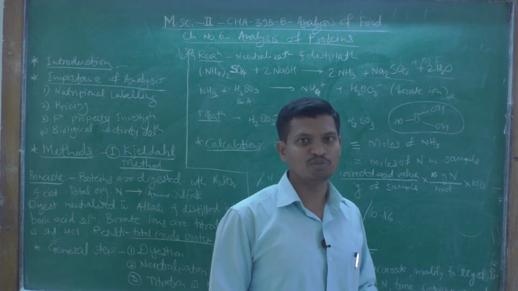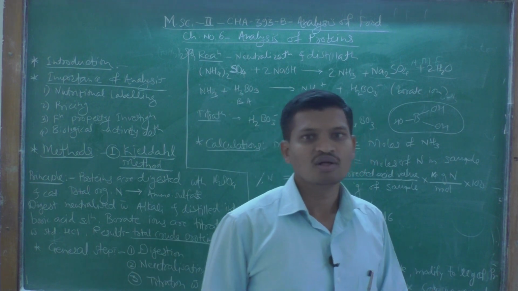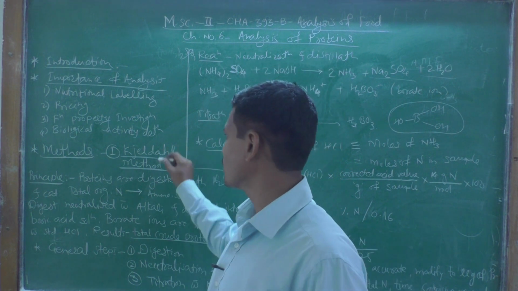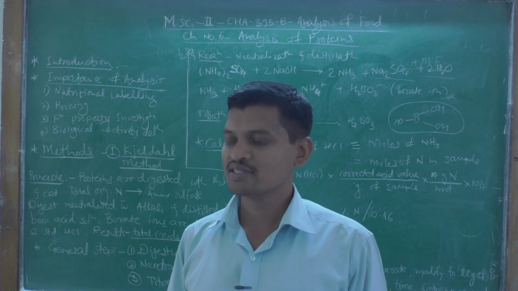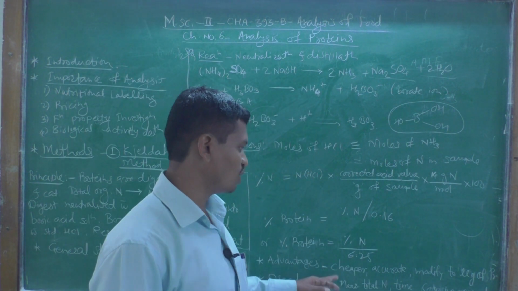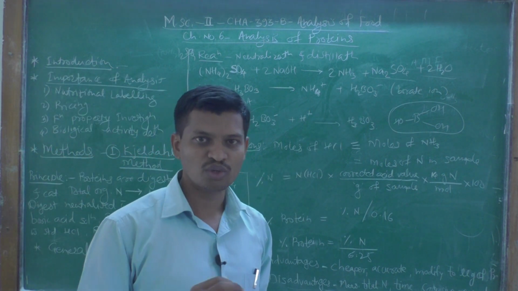Then it is time consuming. This process requires a lot of time. Then corrosive reagents are handled. Concentrated sulfuric acid is very corrosive in nature, and hence this is one of the drawbacks of this method.